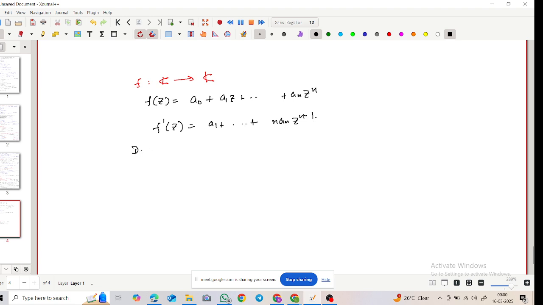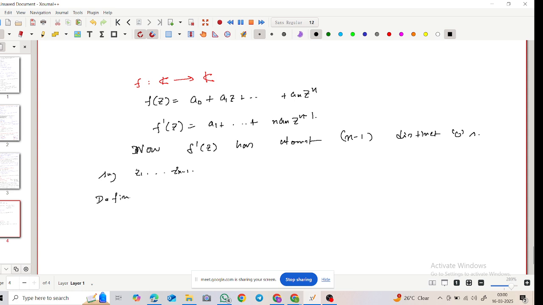Now f prime z has at most n minus 1 distinct zeros, say z1 to z_{n-1}, okay?